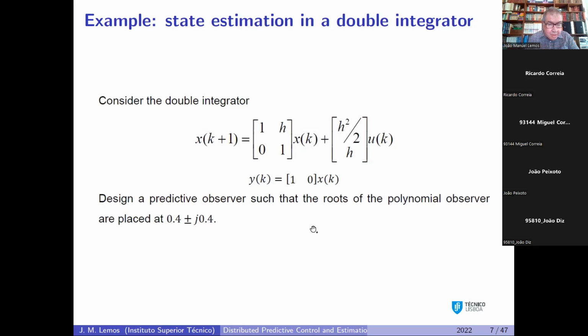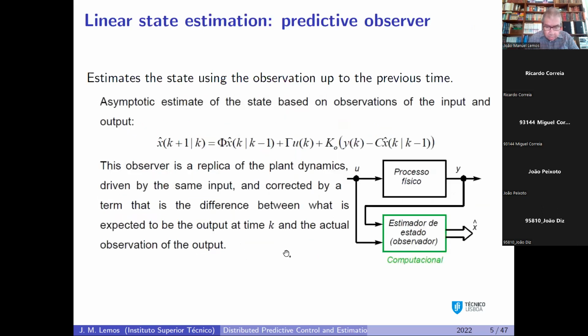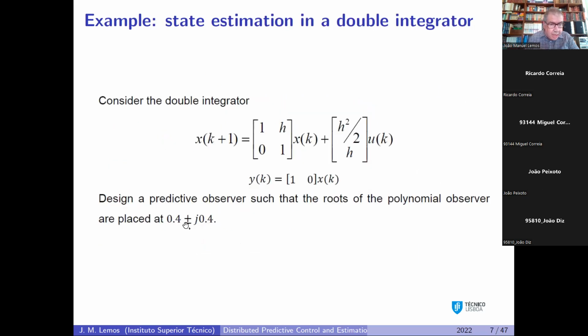And now my specification: I want the roots of my observer polynomial to be at 0.4 plus or minus j 0.4. Okay? Now, how do I select these figures? Here it was quite arbitrary. You don't want them to be so close to the unit circle.